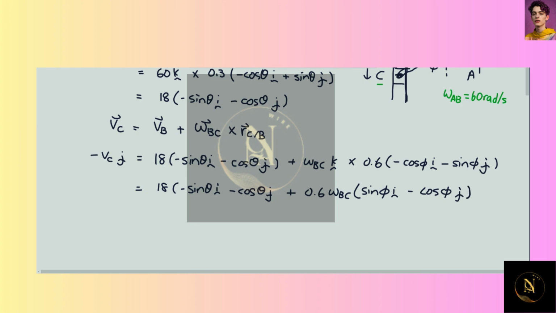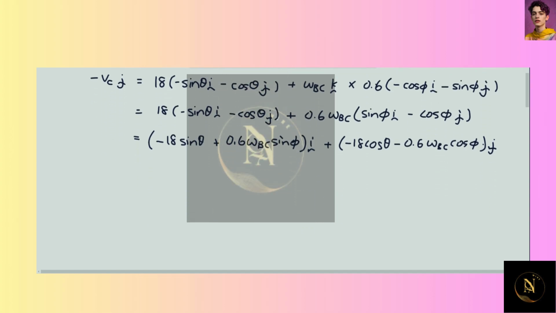And you group the like terms together, so you have minus 18 sine theta plus 0.6 omega BC sine phi, this whole thing in the i direction, plus minus 18 cosine theta minus 0.6 omega BC cosine phi in the j direction. Okay, then we'll be comparing components.